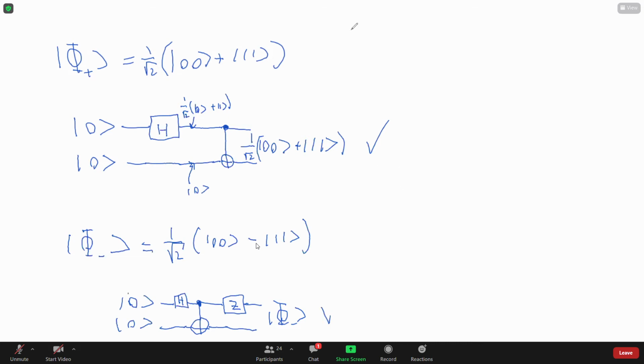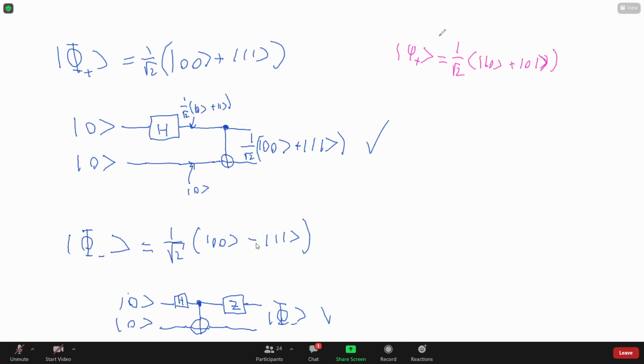We can now move on, keep track of things, and generate our psi plus state. That's the one that says 1, 0 plus 0, 1.